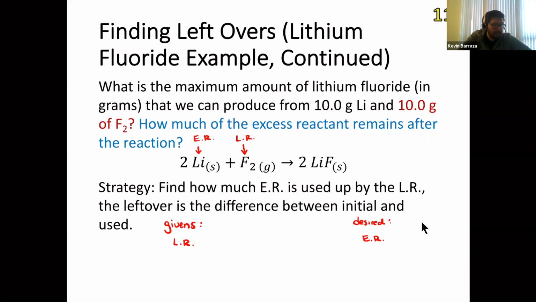So it's going to be another stoichiometry, because stoichiometry is always the how much questions that are involved with chemistry. How much am I going to make, or in this case, how much is used? So that's the key difference. When it comes to how much is left over, we're going to use the limiting reactant one more time, starting our calculation, only this time we're going to use it to calculate how much excess reactant is going to be used.